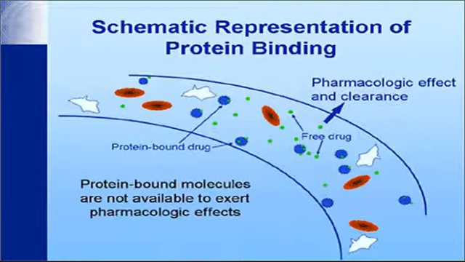So you have a person that you give an 80% protein-bound drug, and they have very little protein. Their albumin is super low. They're elderly and malnourished. So rather than it being 80% protein-bound, because they don't have enough proteins to bind it, maybe it's 50% protein bound.